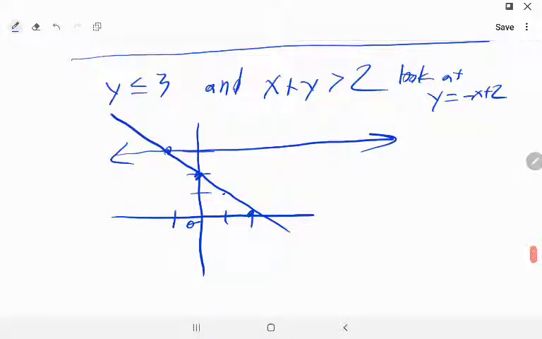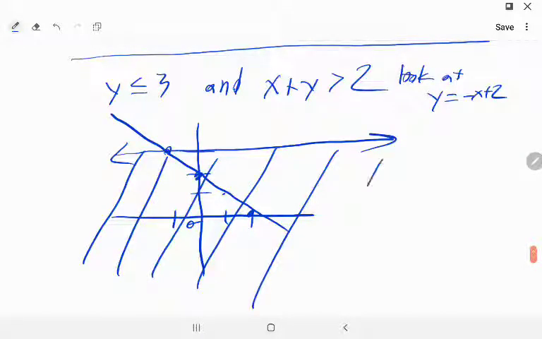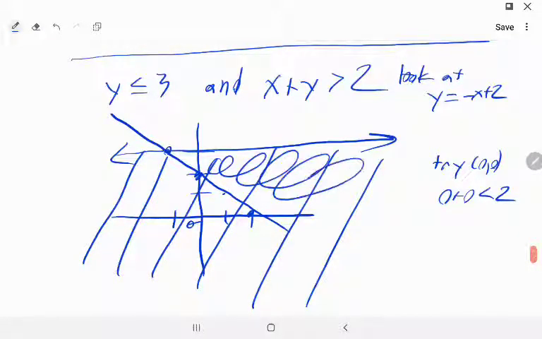And so we notice that because we have to satisfy both conditions, y has to be less than or equal to 3, so things less than 3, and then we check that x plus y is greater than 2. We notice if we try 0, 0, 0 plus 0 is less than 2, and so we're going to be looking at this region trapped less than or equal to 3, and also x plus y has to be greater than 2.